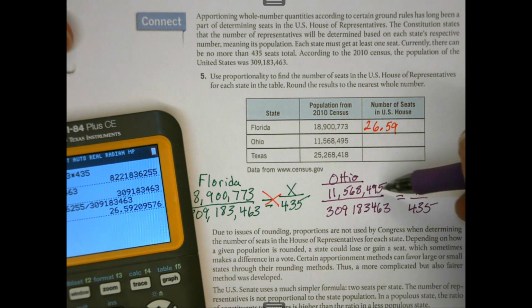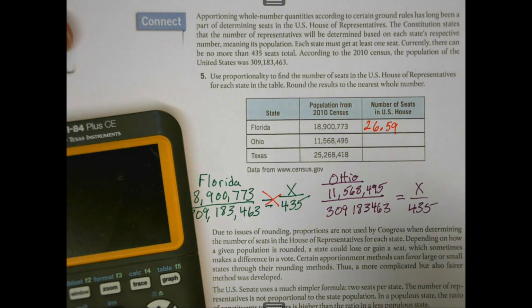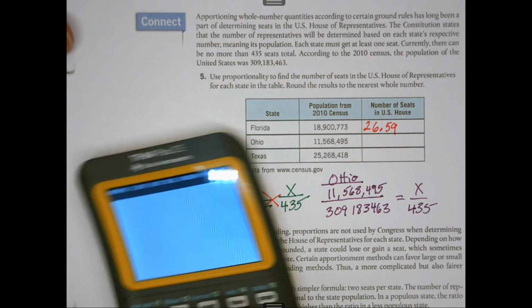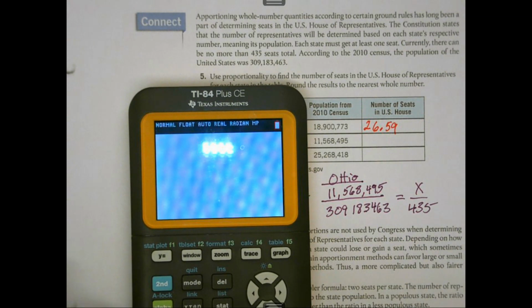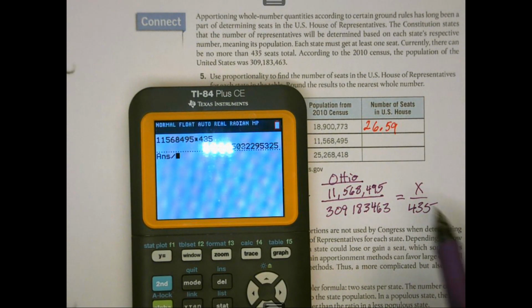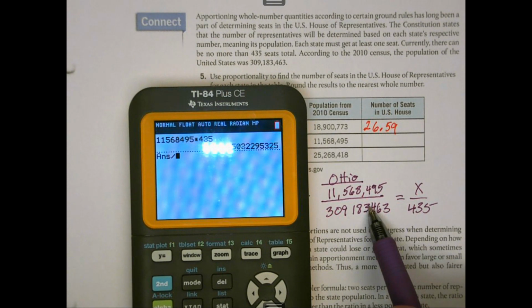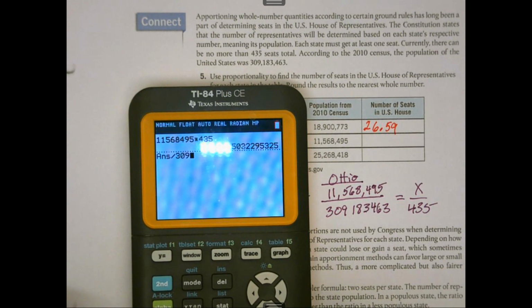And the last one, I'm going to take my 25,268,418, multiply it by 435, divided by 309,183,463, and I get 35.35.